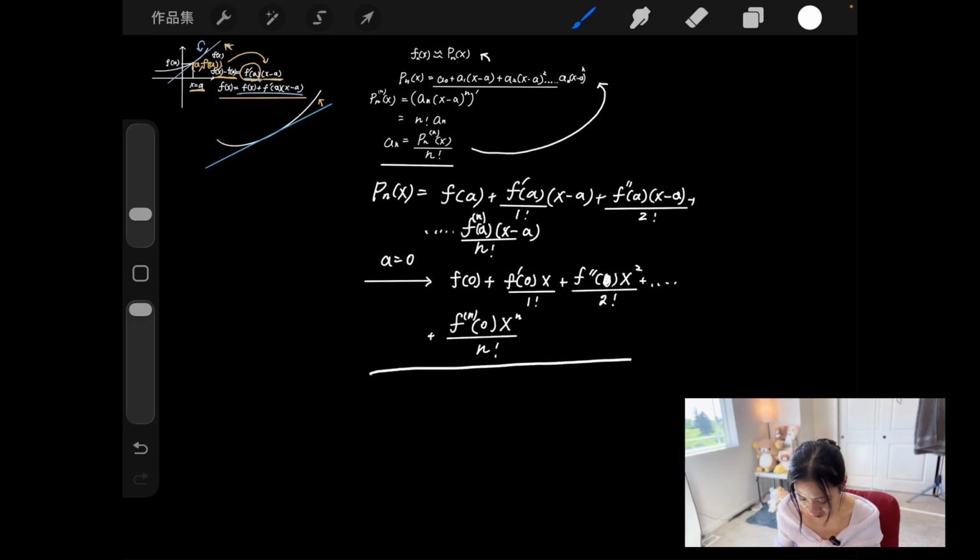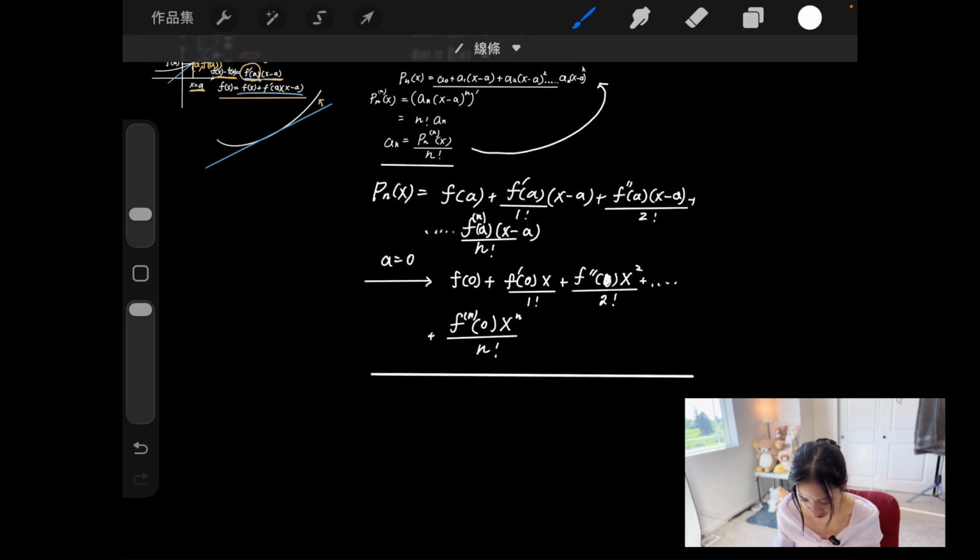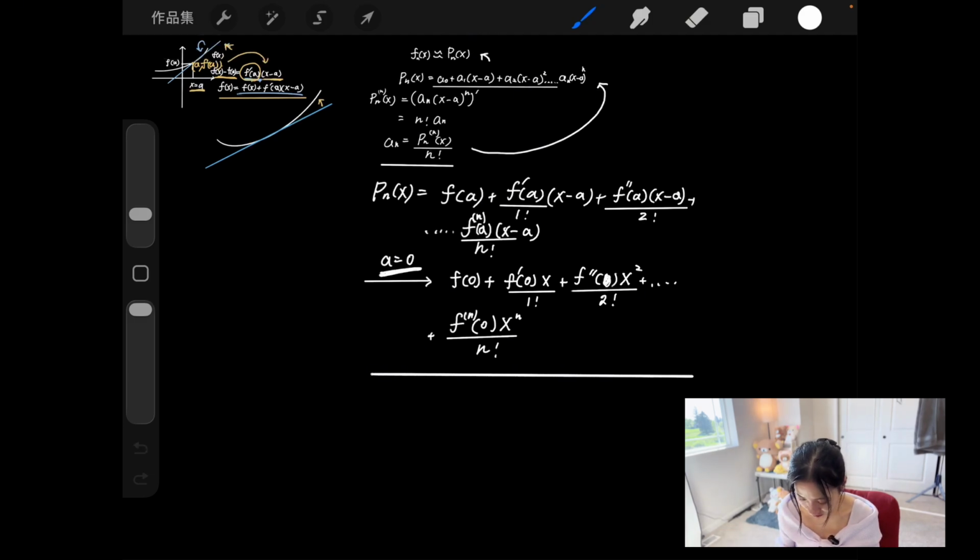Now we can see this makes the function very simple, because a equals 0, so you will only have x. So this is the concept of the Taylor polynomial and the Maclaurin series.